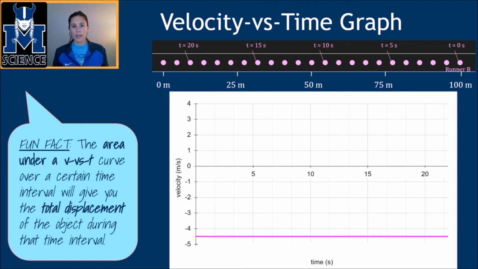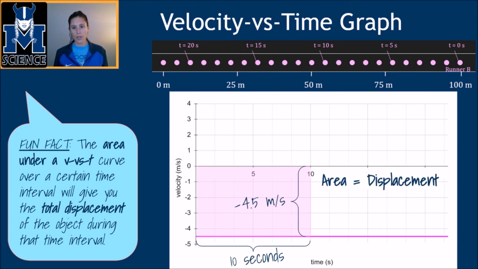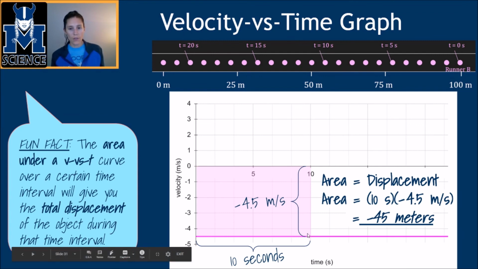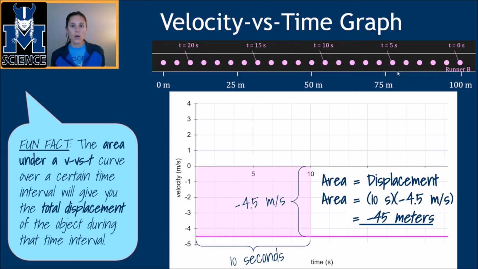Okay, and if we wanted to find how far that runner went in the first 10 seconds, we would take 10 seconds times negative 4.5 meters per second, and our seconds cancel out, and we get negative 45 meters. Okay, that negative sign you have to keep. So that negative sign came from here because this was negative 4.5, and so it's a negative area, which makes sense because in our reference frame, that runner had gone to the left, which was negative displacement, which is in the negative direction.